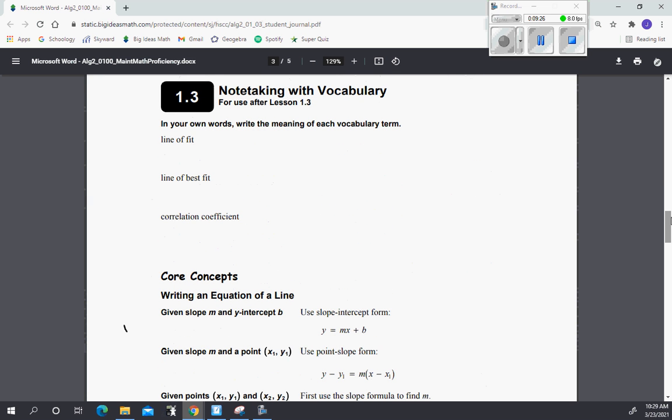We have a few definitions here. We have line of fit, line of best fit, and correlation coefficient.